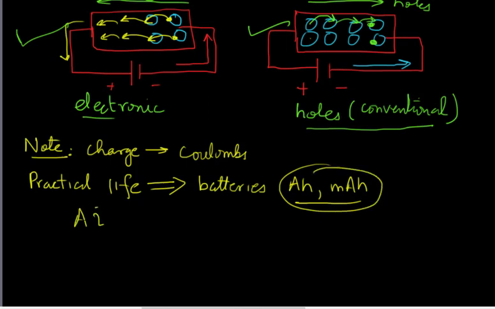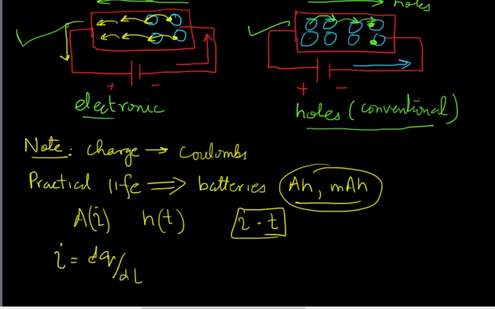Ampere is current, right? And hour is time. So you are multiplying I times t. What is I times t? Let me show you. I equals dq by dt. And if you want to find out the charge, I can say dq equals integral I dt. Let's say the current is constant.